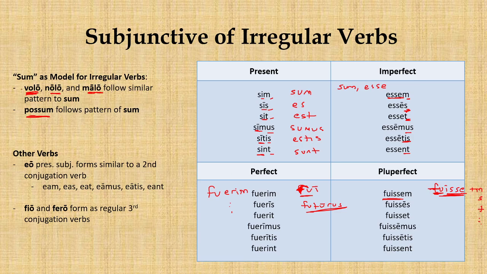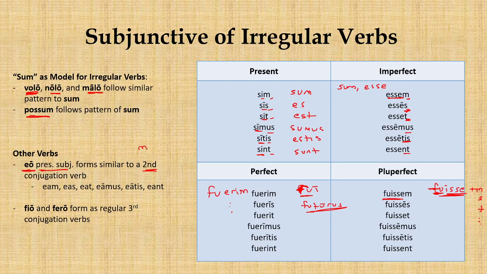A couple other things I'd just like to note is that a form like eo might be potentially confusing, but something that is helpful for me to note is that the present subjunctive actually looks a lot like the second conjugation subjunctive forms.